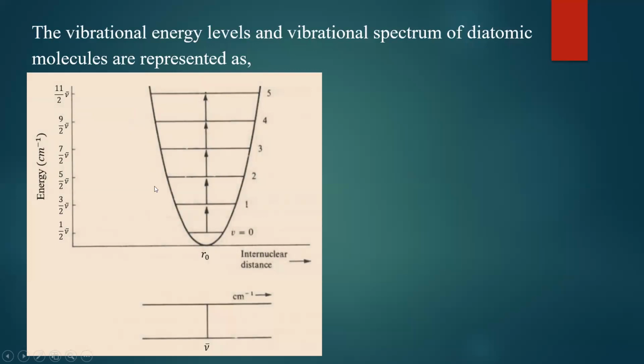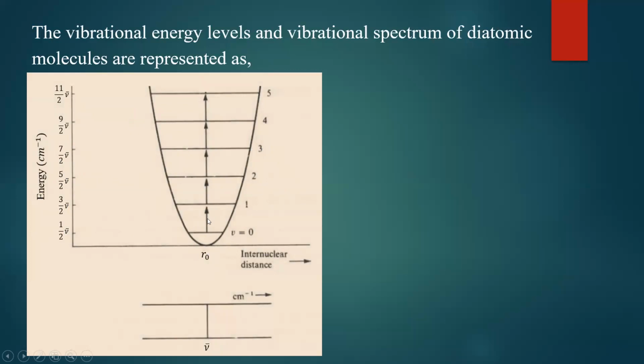Here the vibrational energy levels are represented by V equal to 0, which gives you half nu bar, V equal to 1 gives you 3 by 2 nu bar, V equal to 2 gives you 5 by 2 nu bar, 3 gives you 7 by 2 nu bar, and so on. So the distance between them is equal to nu bar.